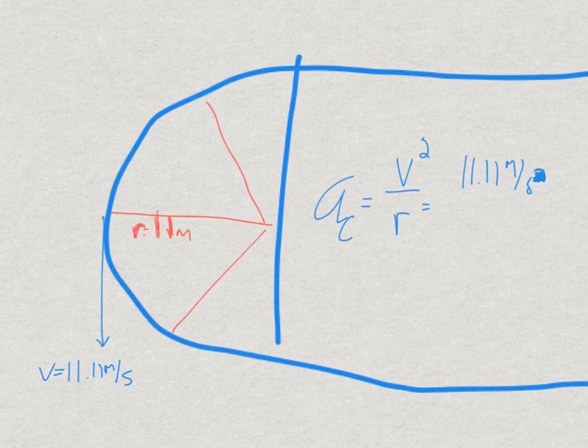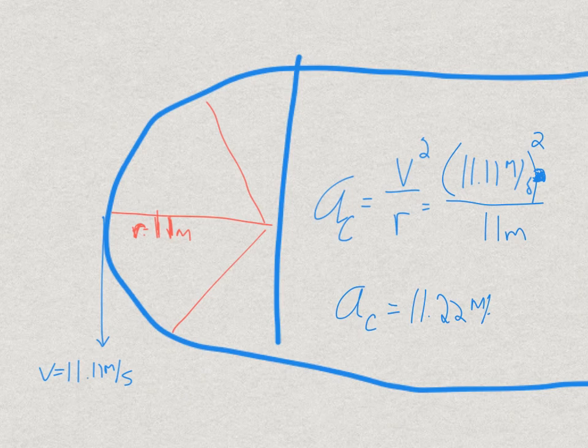So when I do this, 11.11, I square that value and divide by 11. And I get a centripetal acceleration of 11.22 meters per second squared, with sig figs probably somewhere around 11.2 or 11 meters per second squared.